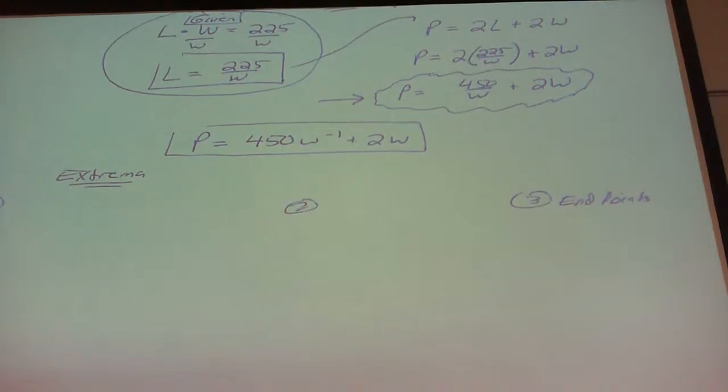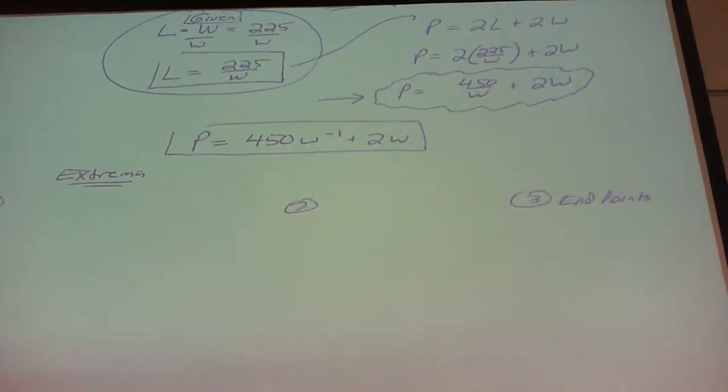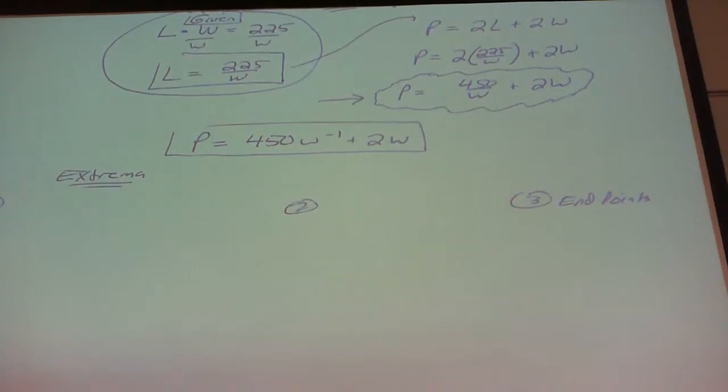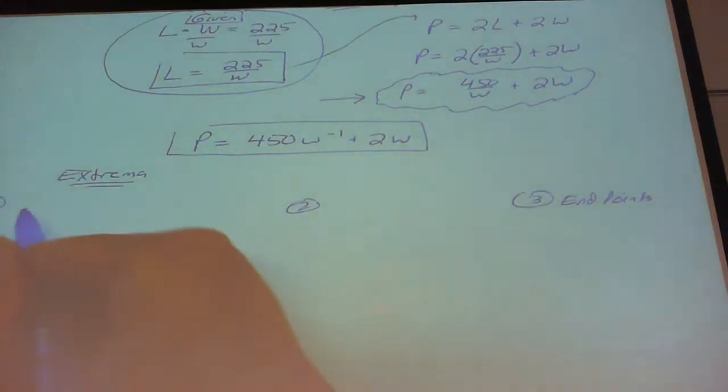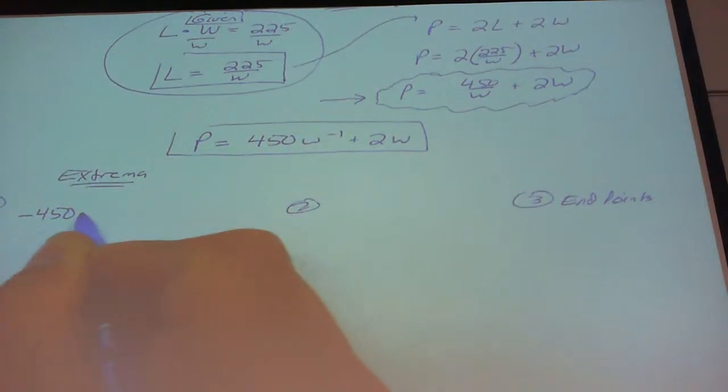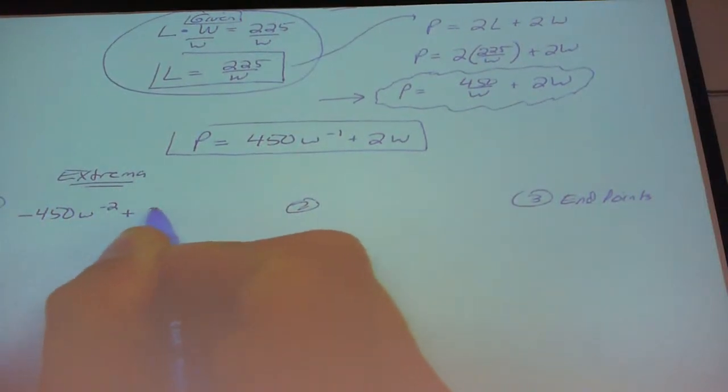I'll give you another minute, because again, the issues we're having are algebra issues. Okay, so if you take the first derivative, you get negative 450 w to the negative 2 plus 2.